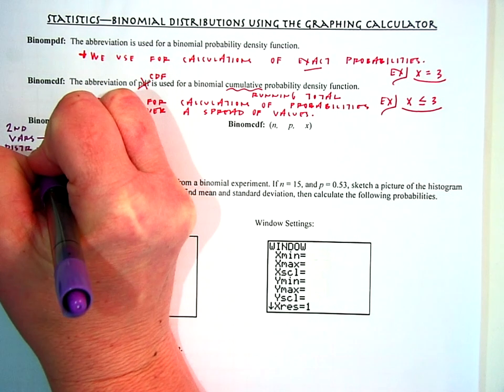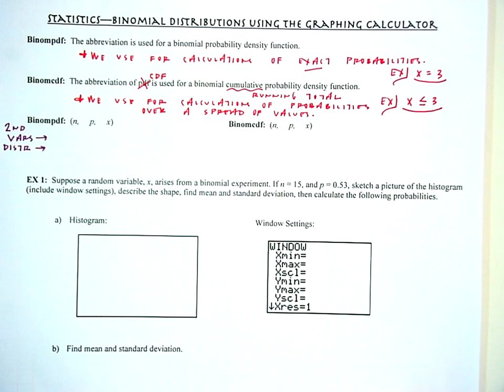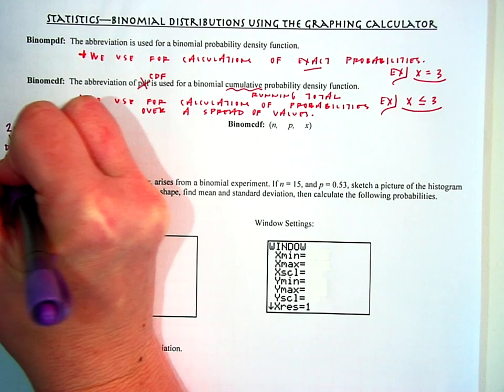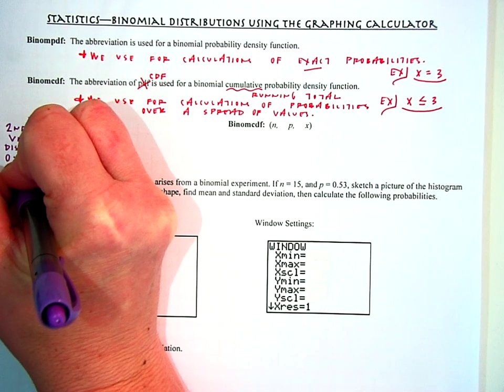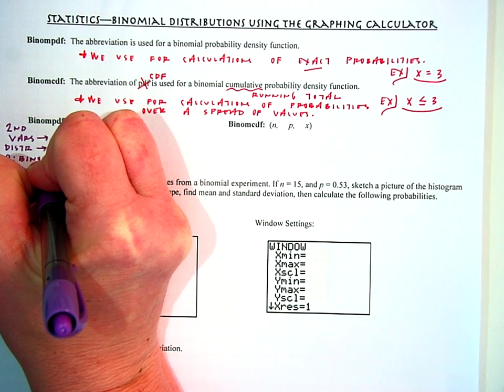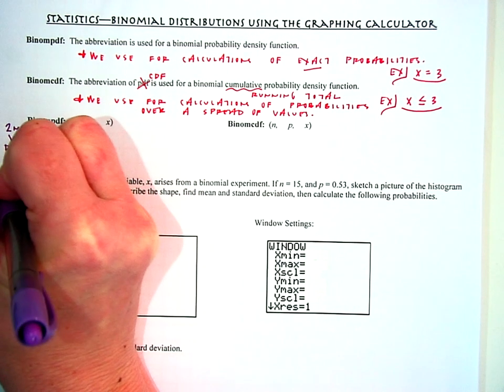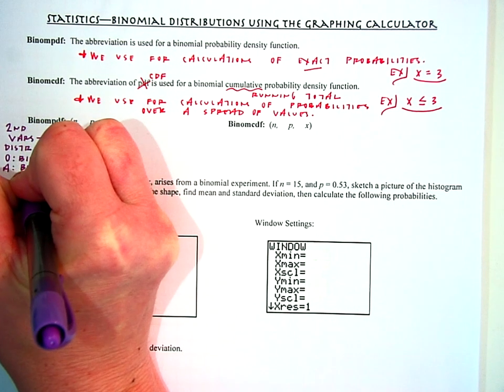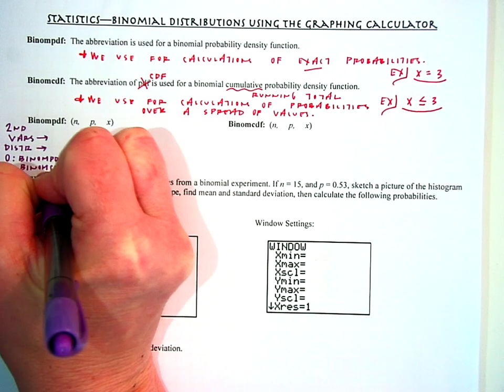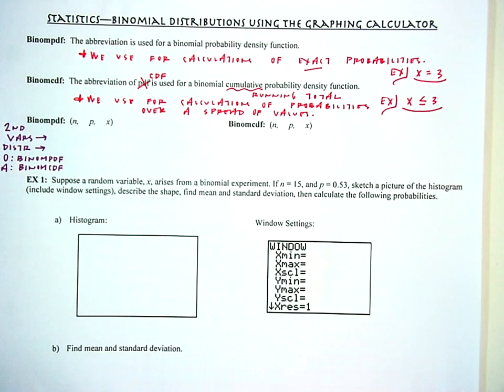From there, I'm looking for binomPDF and binomCDF. So 0 on my calculator is the binomPDF function, and then A is the binomCDF function. I'll show you all of this in just a moment.